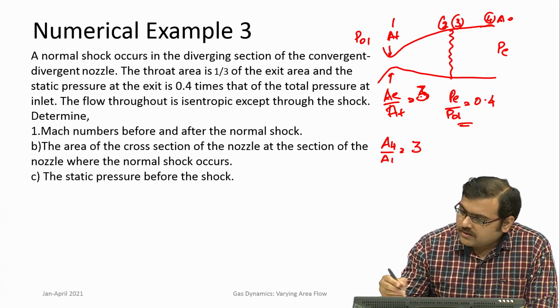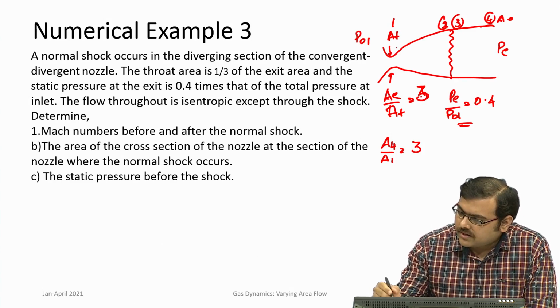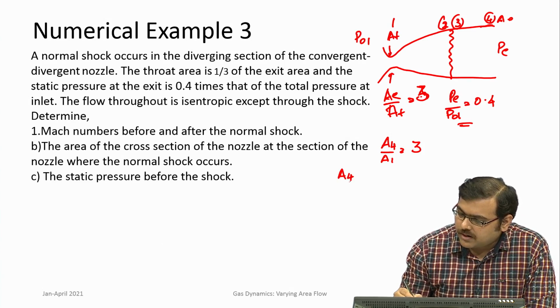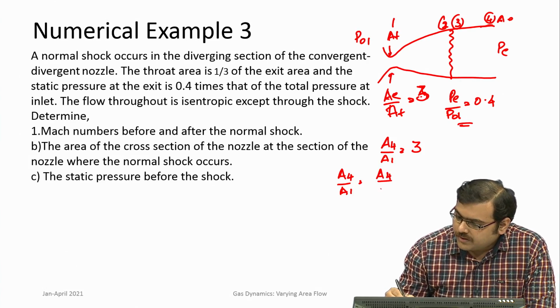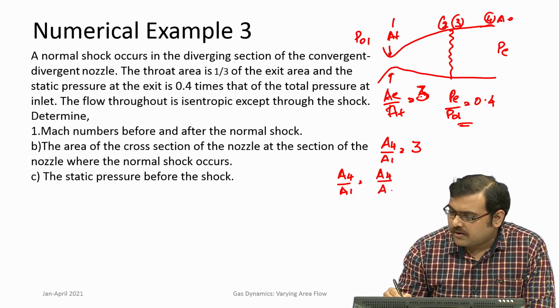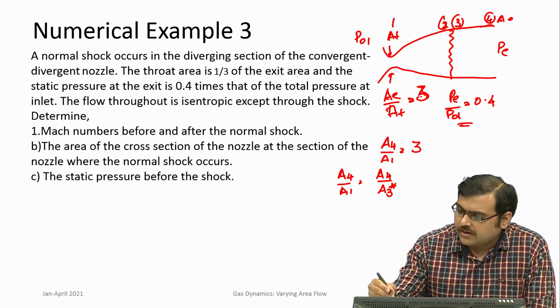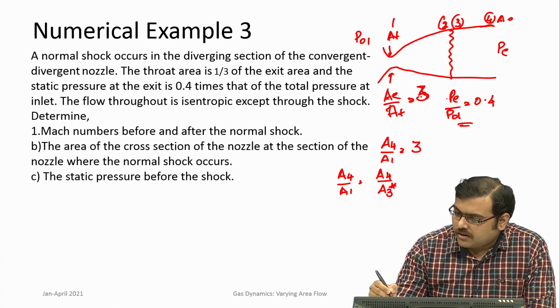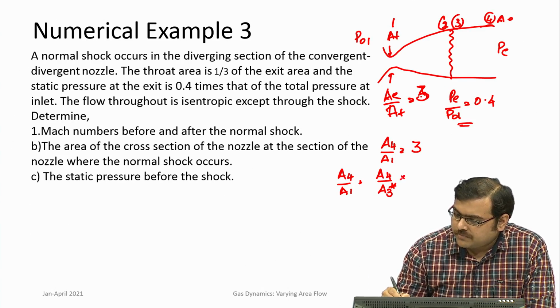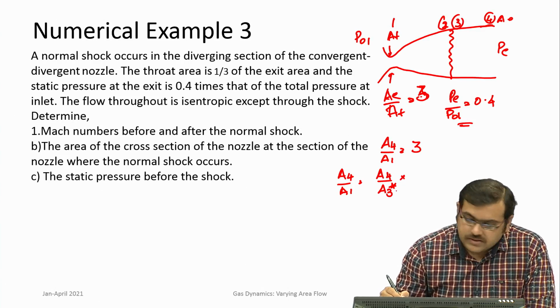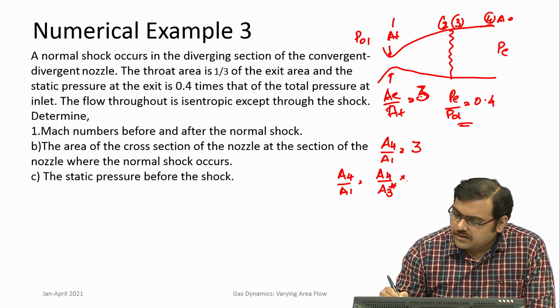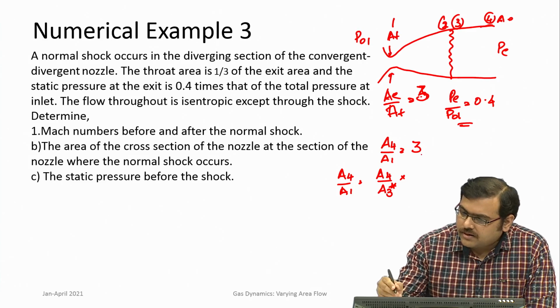And what is A4 by A star? In this particular case, A4 by A1 is equal to A4 by A3 star, because there is a normal shock here, multiplied by A3 star by A2 star.